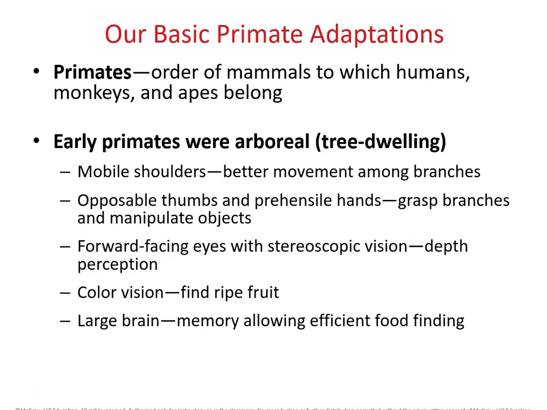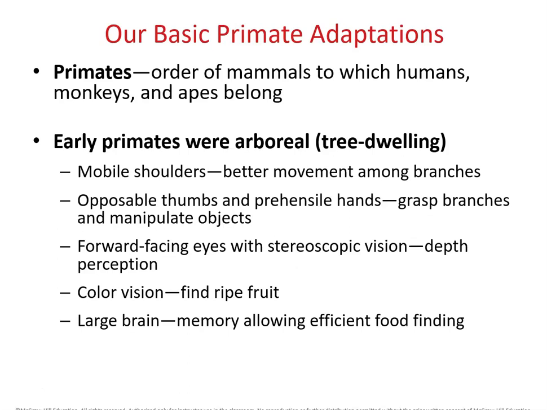Okay, opposable thumbs or grasping hands are carryovers from early primates. Eyes that are on the front of our faces, not on the side, give us three-dimensional vision, depth perception, at the cost of wider peripheral vision. That's generally a trait of predator species rather than prey species.